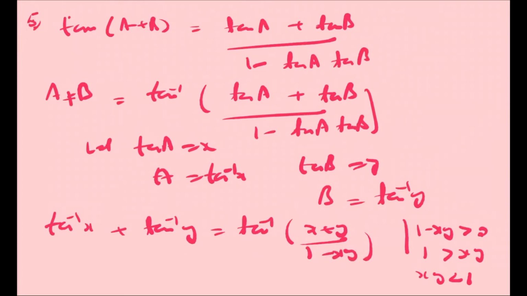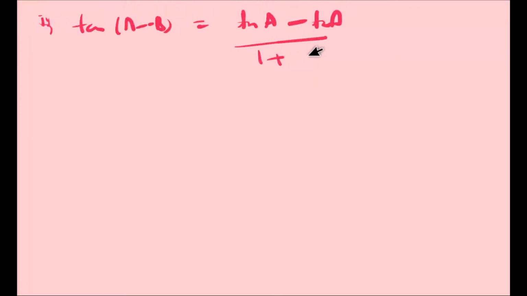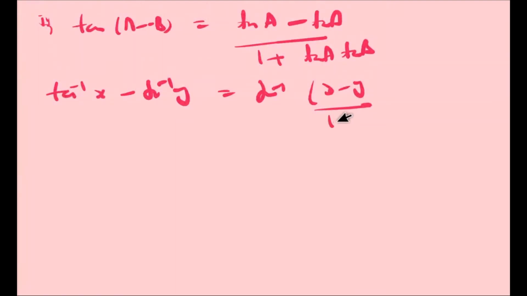Now similarly, if we find the formula for tan inverse a minus b, we get tan a minus tan b upon 1 plus tan a tan b. As previously, we get tan inverse x minus tan inverse y equals tan inverse of x minus y upon 1 plus xy. Here also we can find the condition: 1 plus xy greater than 0, xy greater than minus 1. Right?